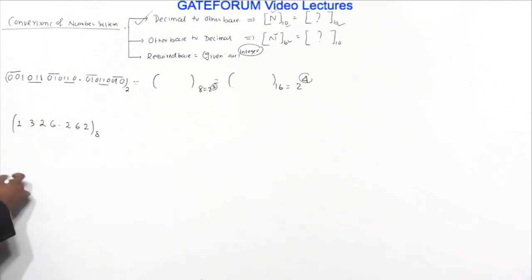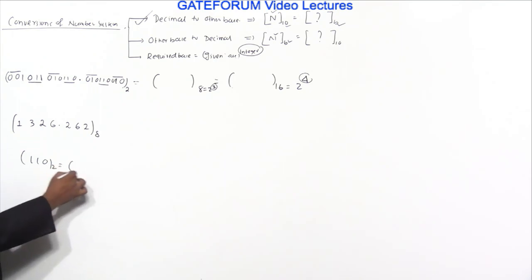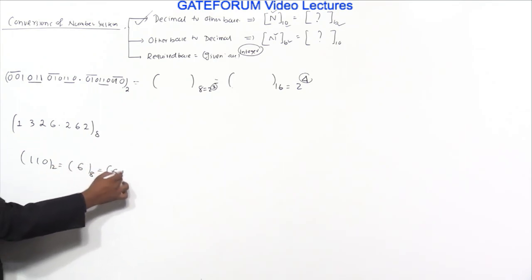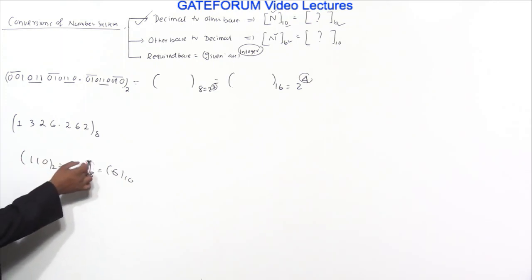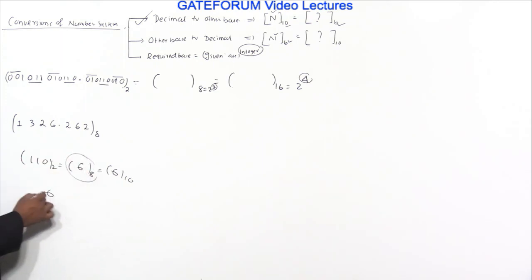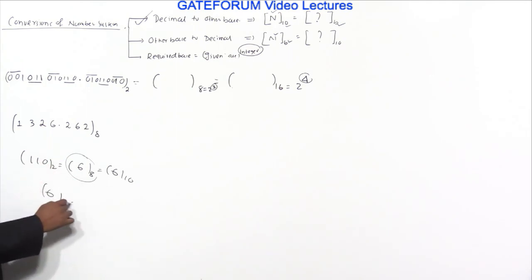How is it the same? For example, 110 is a binary number. If I say this is 6 in base 8 and also 6 in base 10, is this wrong or right? This is right. How do you say this? If I ask you to convert this 6 in base 8 to decimal form, how do you do it? You have to expand the polynomial.